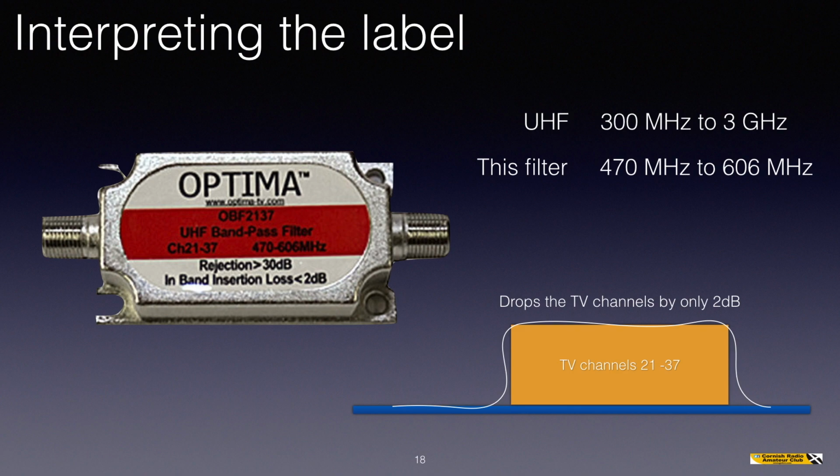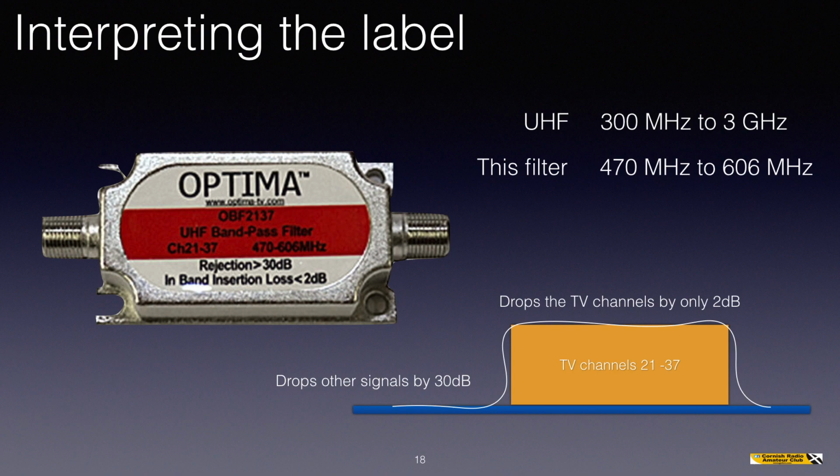If you put the bandpass filter in and the signal disappears, then you're going to have to boost the signal before it gets to the bandpass filter, either with a better TV antenna or perhaps with a little masthead amplifier. And it drops other signals by 30 dB. So signals outside of the range are dropped by 30 dB.